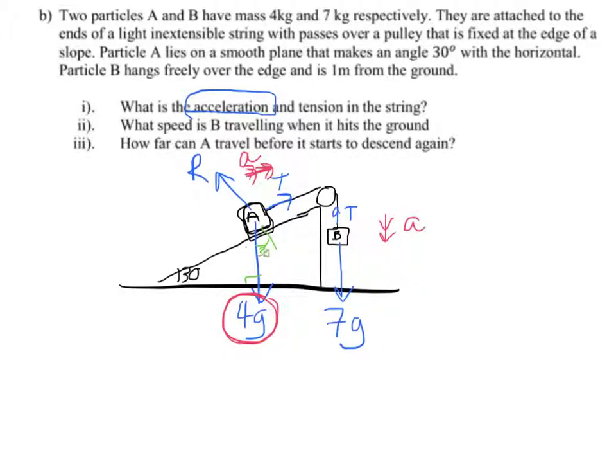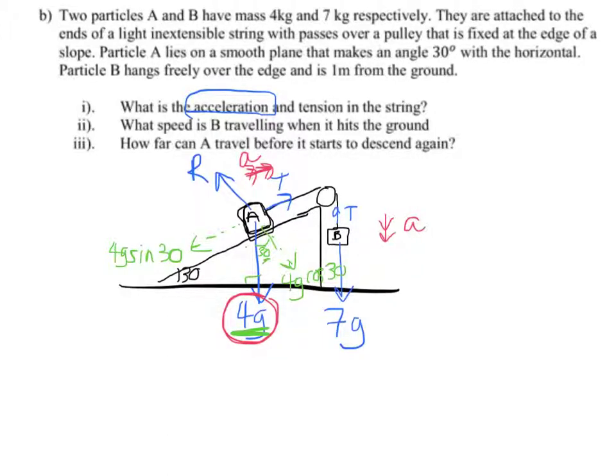This component will be 4g cos 30, because it's adjacent to this 30, and this component will be 4g sine 30.